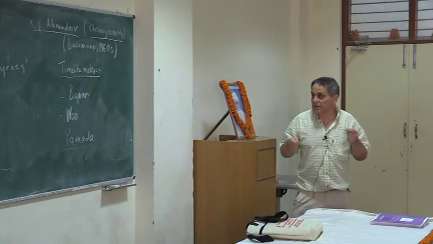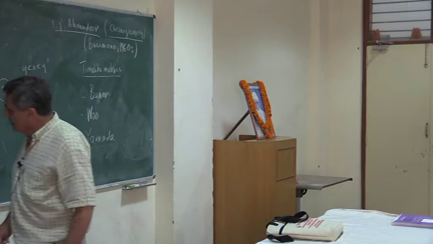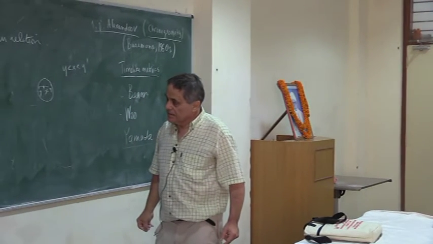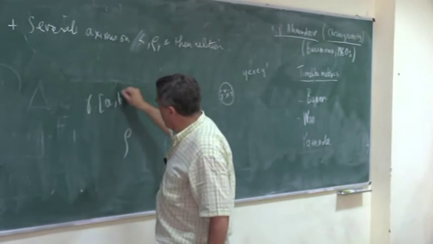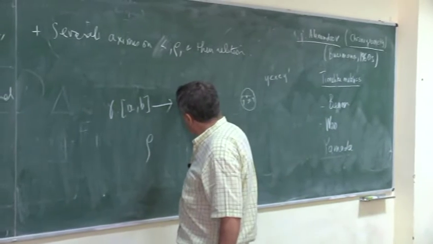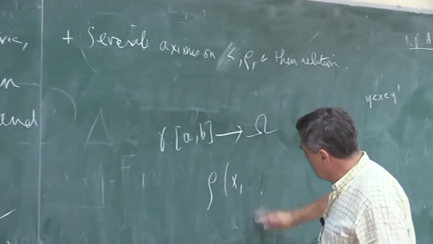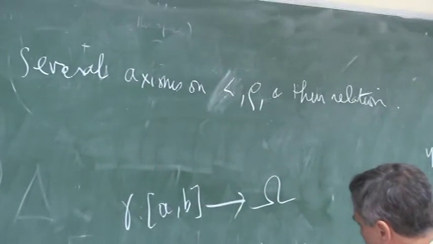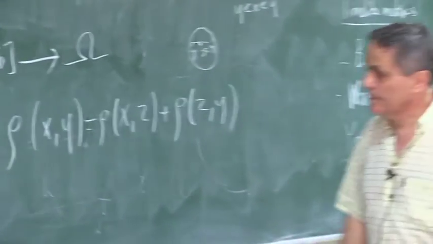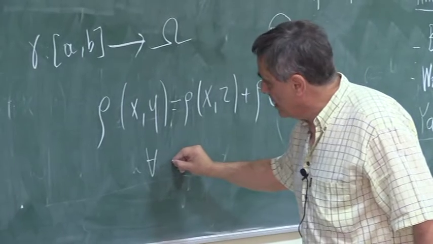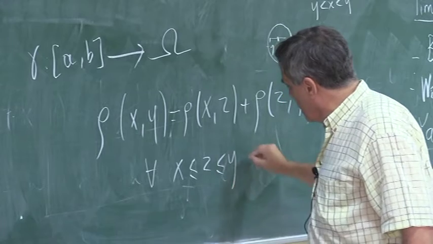So what is a geodesic here in such a space? A geodesic is just a map gamma from an interval into omega, satisfying rho of xy equals rho of xz plus rho of zy for every x, z, y.